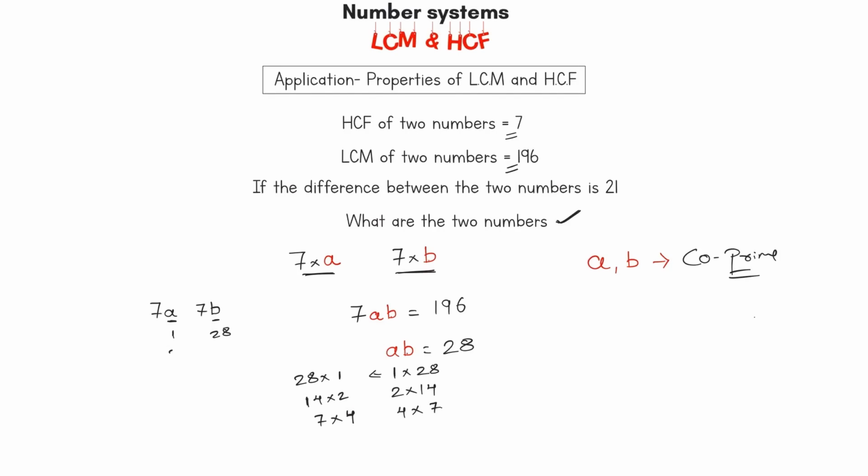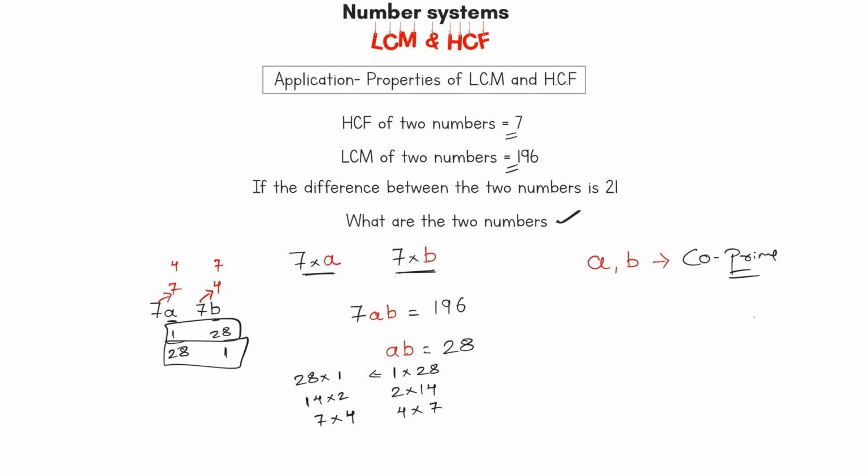If a is equal to 28 and b is equal to 1, I'll still get the same thing. So it doesn't matter if you take this to be 7 and this to be 4, or this to be 4 and this to be 7, because eventually you are multiplying both by 7, right? So all of these are the same case.